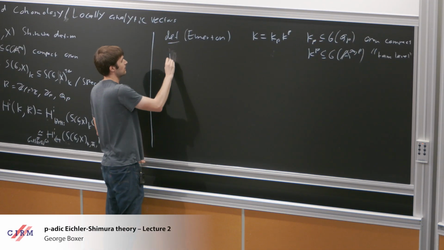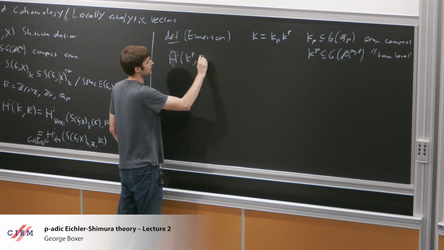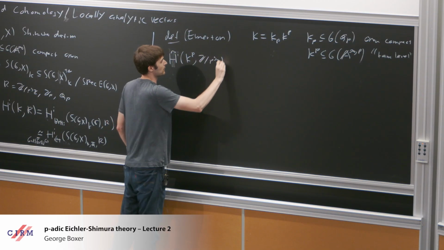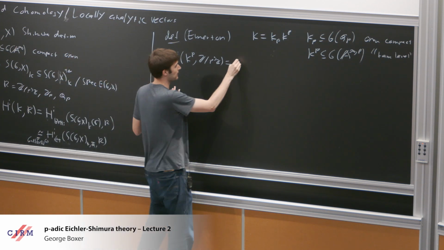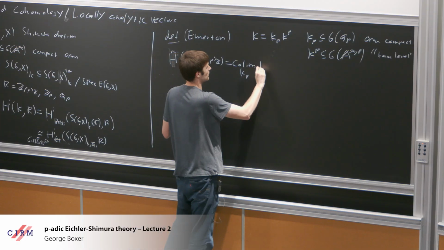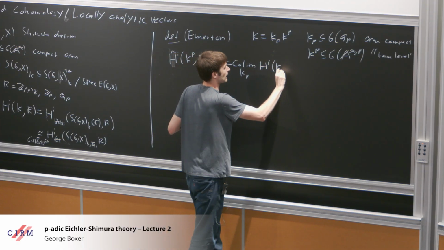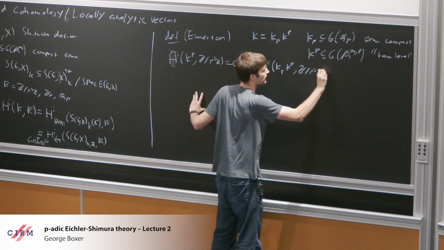So the definition is, first with Z mod p^s coefficients, you just take the colimit over all levels K_p of the cohomology at finite level. Okay?